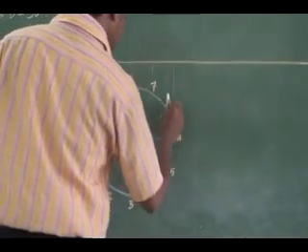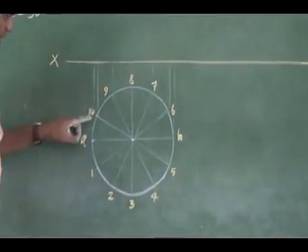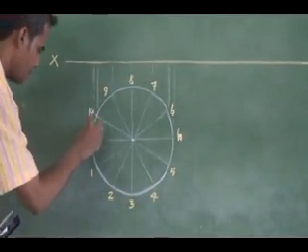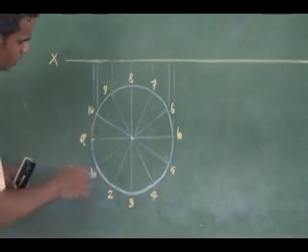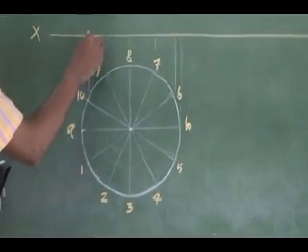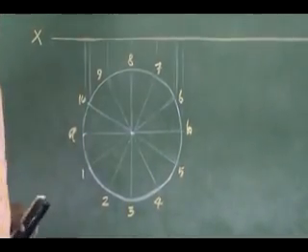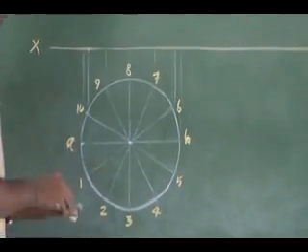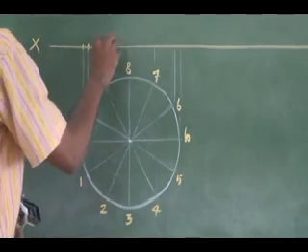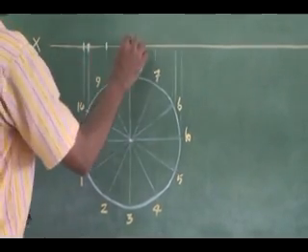While projecting, 1 and 10 have to coincide. You need not extend, 1 and 10 will coincide while projecting. Similarly 5 and 6 will coincide. So these are going to be my various points on the circle in the front view.